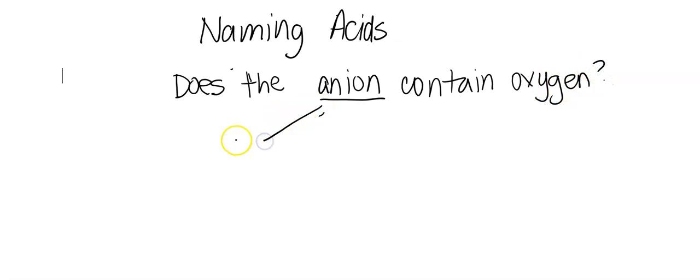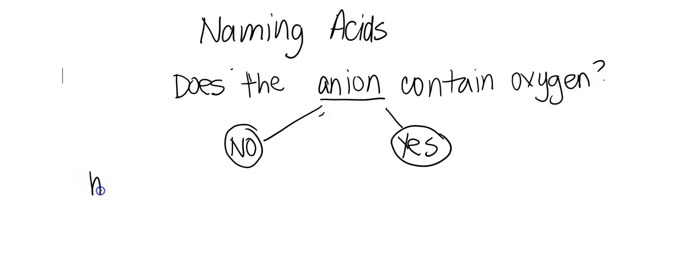Let's see, I'll just put over here, no, it does not contain oxygen, and yes, it does contain oxygen. So does the second half of the formula contain oxygen? If there's no oxygen, you're going to write the prefix hydro.